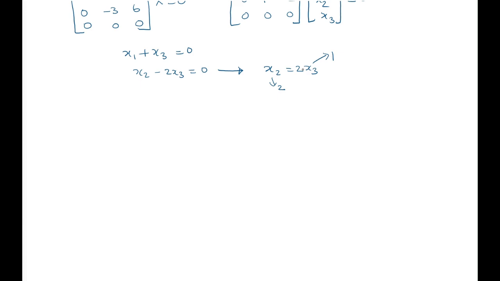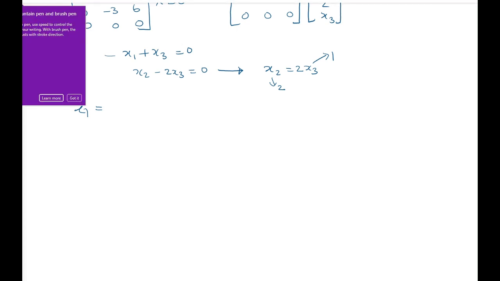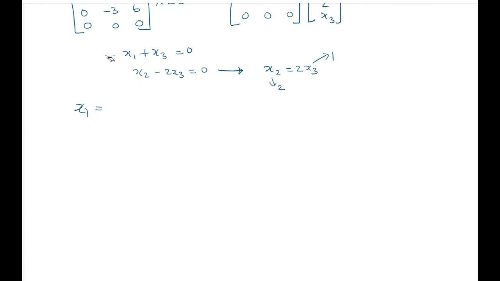So if I put x3 equal to 1, then I am naturally going to get x2 equal to 2. Now going to this equation, so we'll have x1 equal to, so this is not minus actually, so when I was marking it became minus. Okay, right.